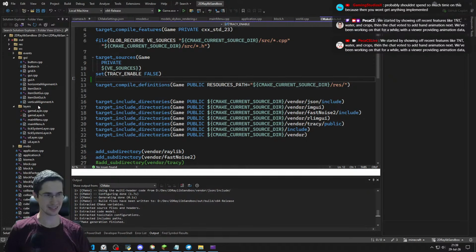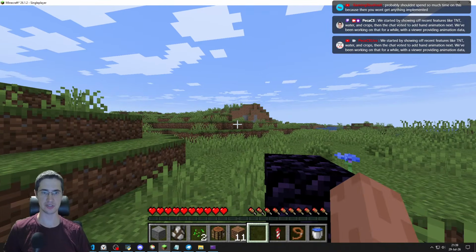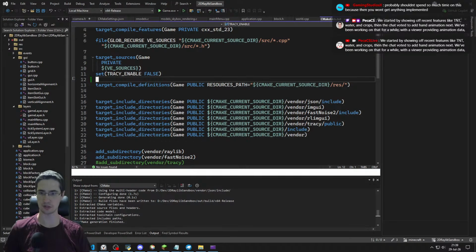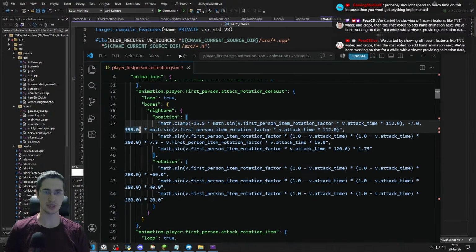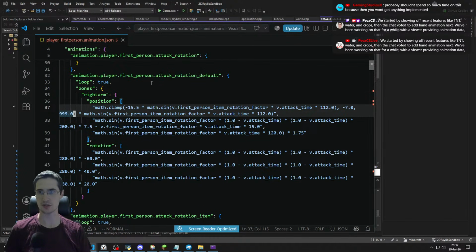So let's summarize up to this moment. Chat voted to add right-hand animations, and in the first part of the stream we spent time looking for resources that have the animations ready for us to use. Chat sent me a resource with animations for the player, a Bedrock resource pack that tries to make it like Java.